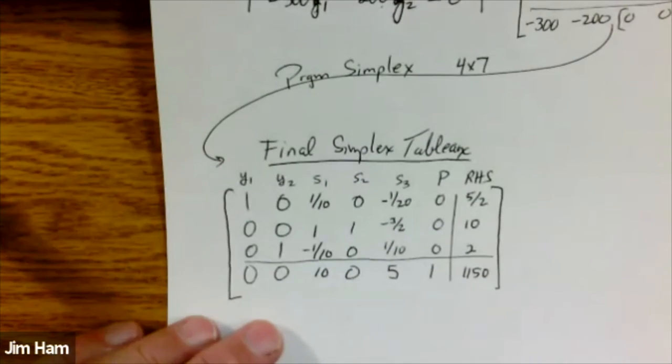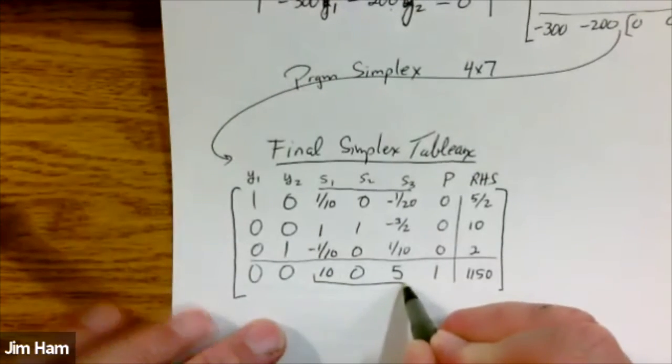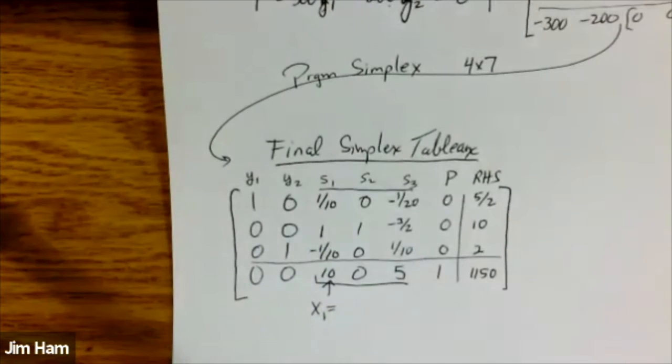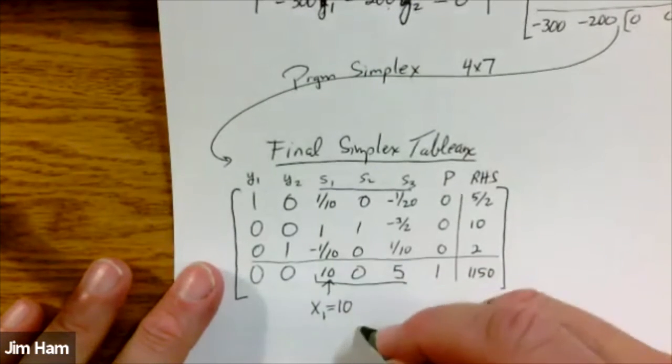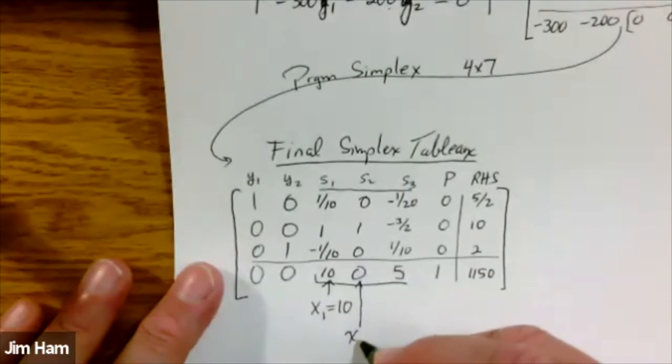The quick way to read it would be to look under the s's. Notice x is not even in this matrix, but you go to the bottom row underneath S1 to find x1. Go in the bottom row underneath S2 to find x2.